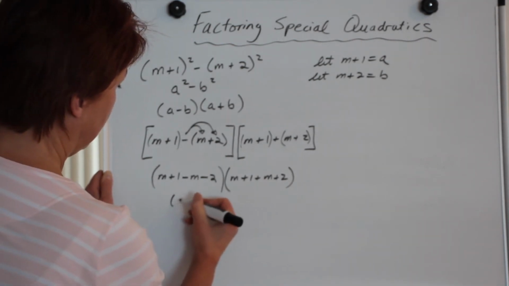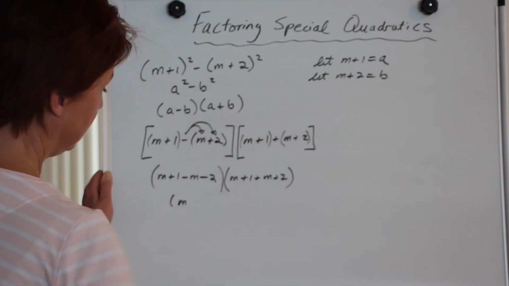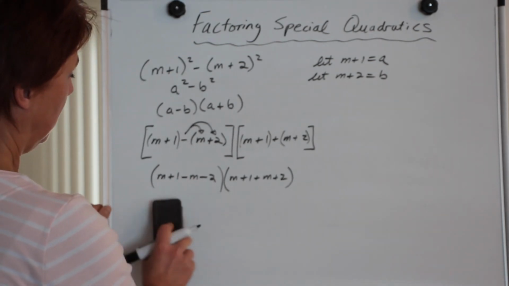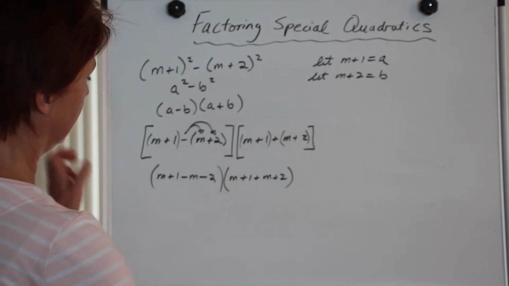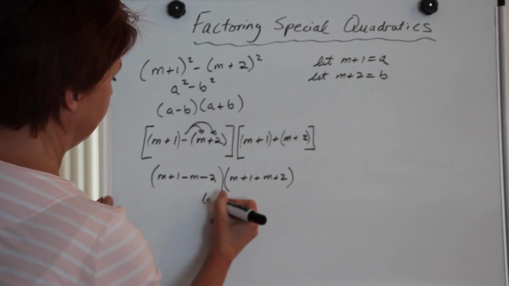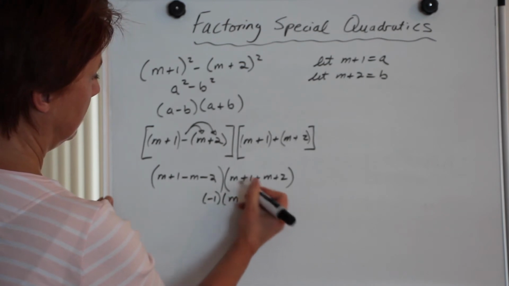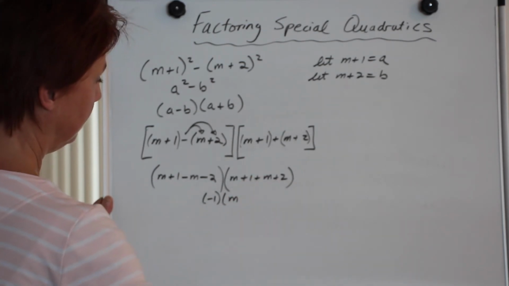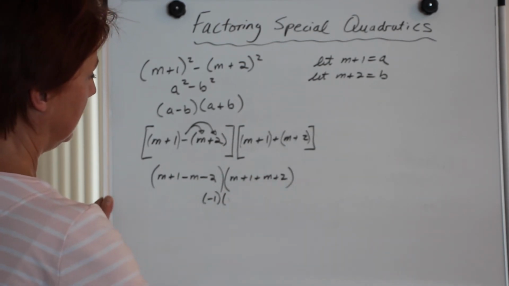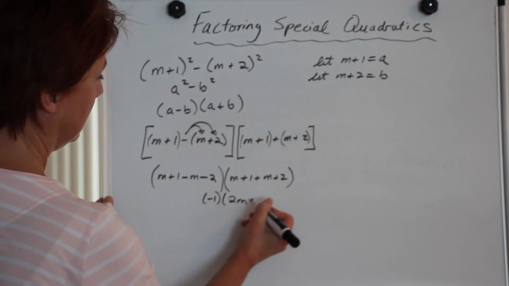Then here we have m, no, the m's go away, don't they? See that? We have m minus m, and they go away. So here we end up with negative 1. And here we end up with m plus m, which is 2m, plus 3.